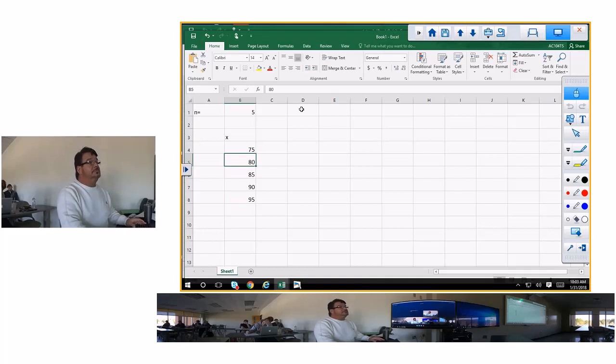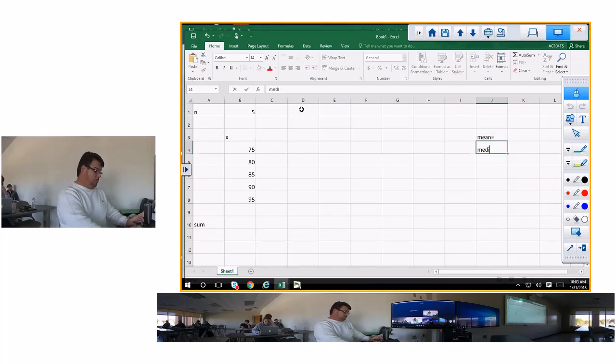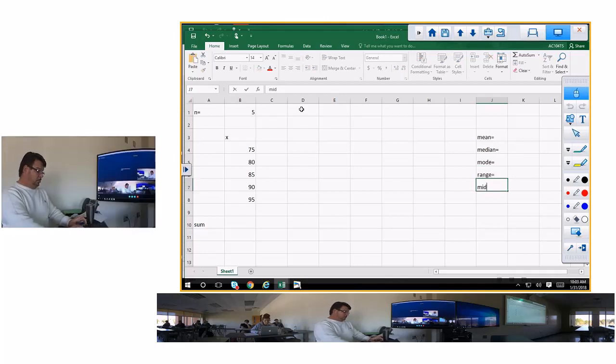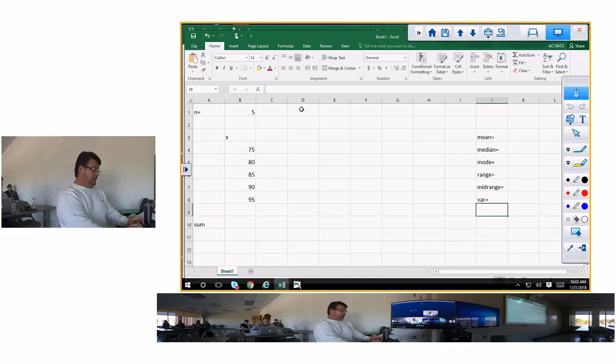So I'm going to put down here summation, and then over here I'm going to put mean, median, mode, range, mid-range, variance, and standard deviation.